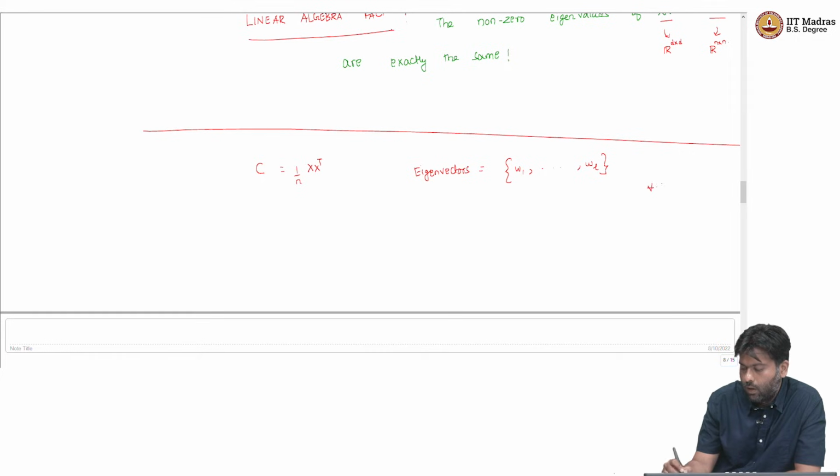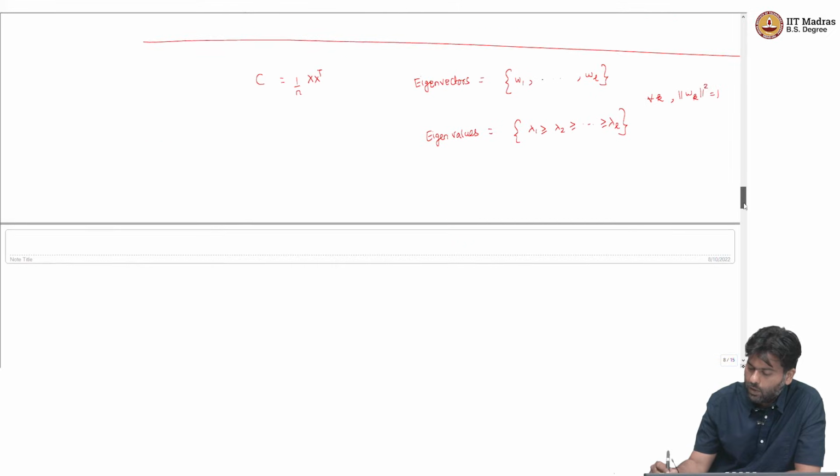So, now for all k from 1 to L, we know the length of w_k is 1. Now, the eigenvalues corresponding to this are, in fact, in decreasing order, lambda_1 greater than lambda_2 greater than lambda_L. So, this is what we wanted to get.